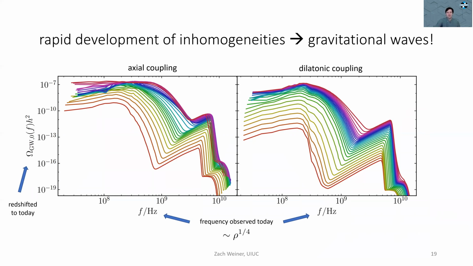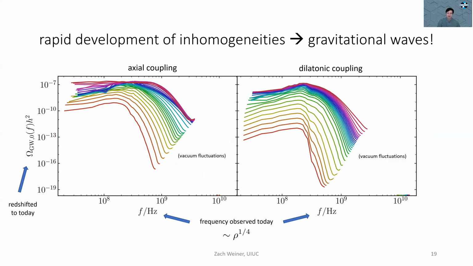And so, ignoring this high frequency part of the spectrum, that's just an artifact of the quantum vacuum, the physical signal takes the form of essentially a bumpy thing that peaks at frequencies as high as a gigahertz.